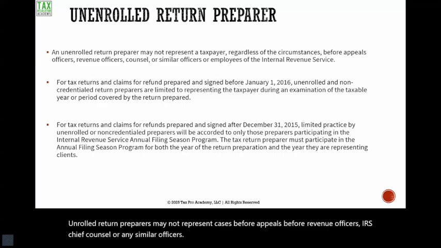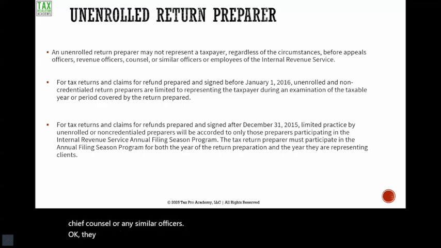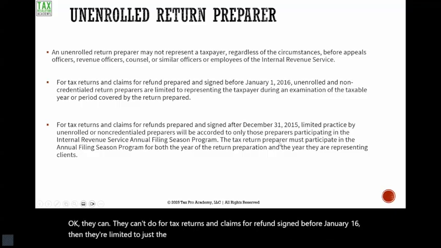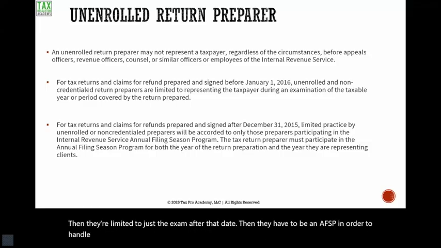For tax returns and claims for refund signed before January 2016, they're limited to just the exam. After that date, they have to be an AFSP in order to handle the representation of the case.